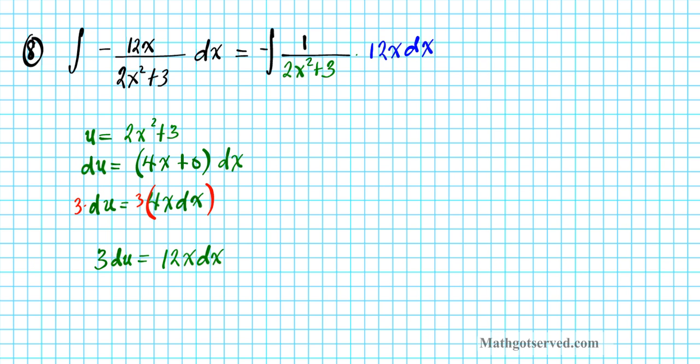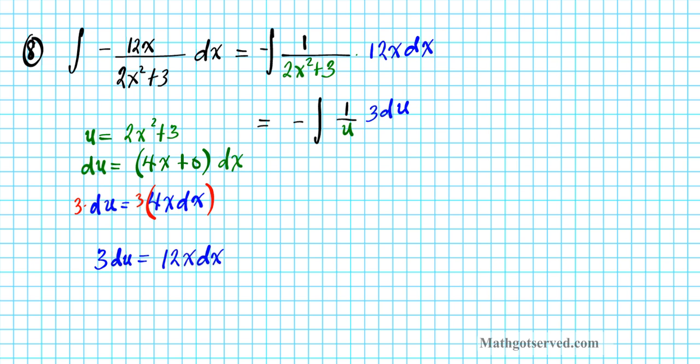All right, so now let's go ahead and make our substitution. When we carry out our substitution, it's going to look much less complicated. So let's not forget our negative, the indefinite integral of 1 over u. If that's u, then 12x dx is going to become 3 du.